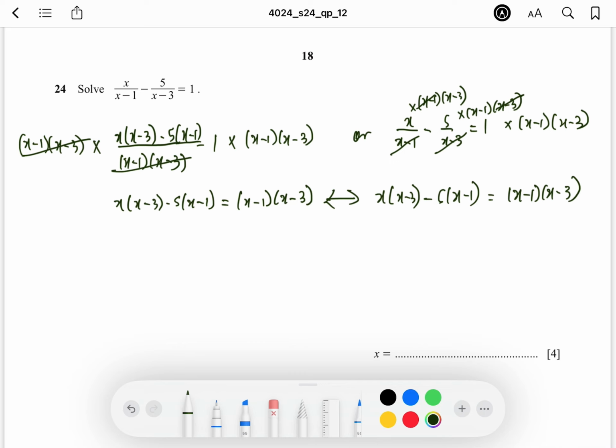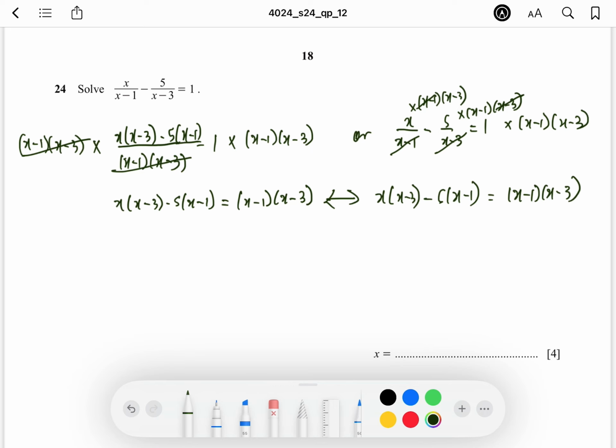Okay. So do either one. The first method tu simplify fraction first. The second method terus balancing. Okay, but the most common mistake for balancing in this case is multiplying x minus 1, x minus 3 sekali sahaja.